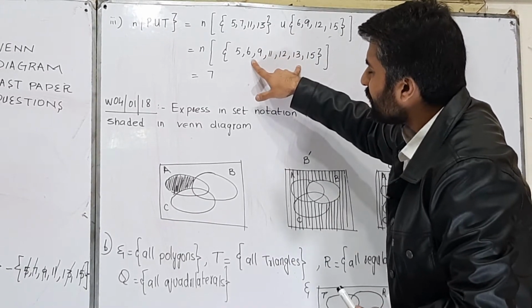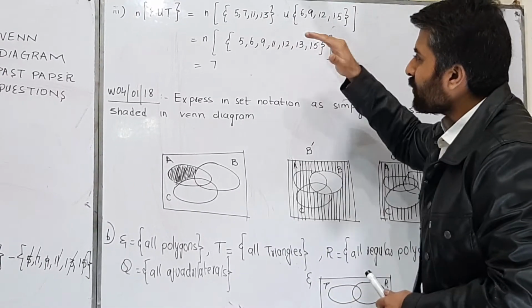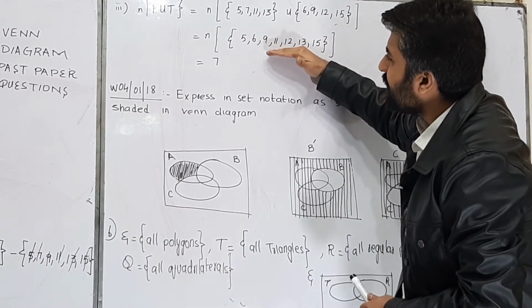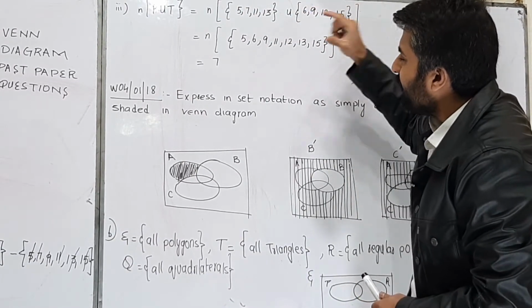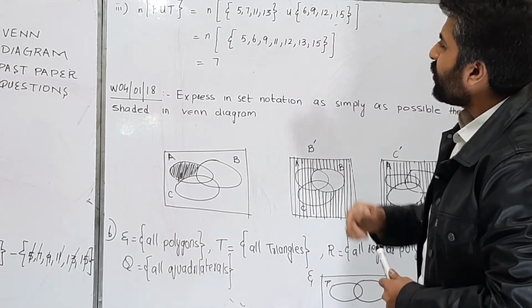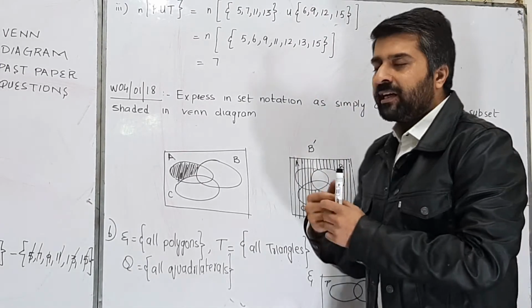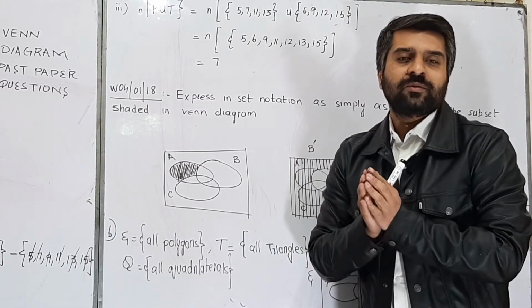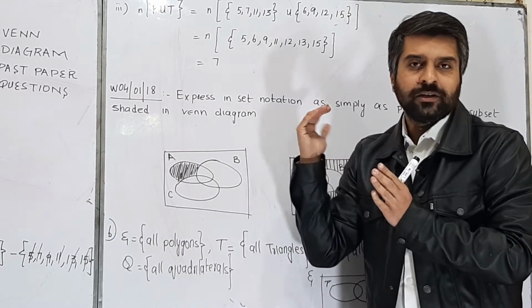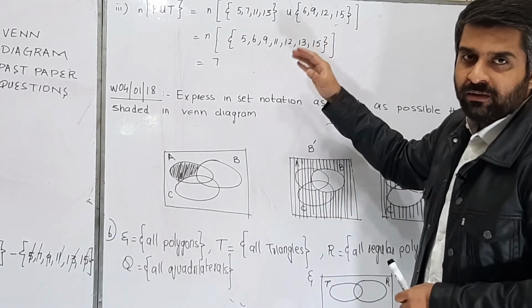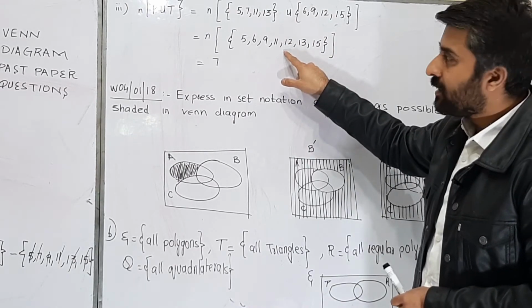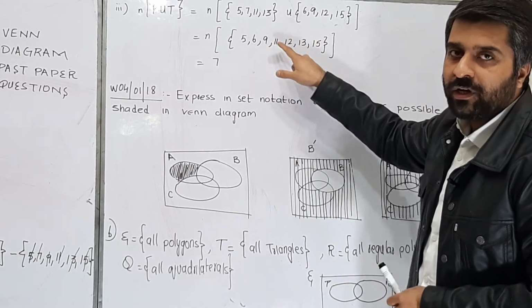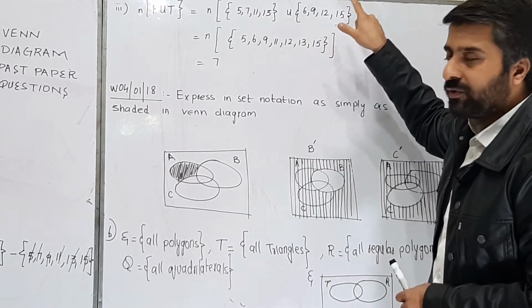This set contains elements from p as well as from t. Make sure that you do not write any element twice if it is present in both p and t. You will write all the elements only once, but it should contain all the elements of p as well as all the elements of t.